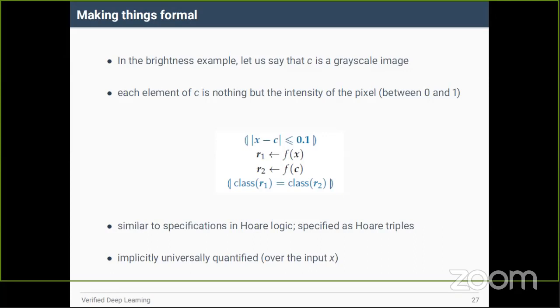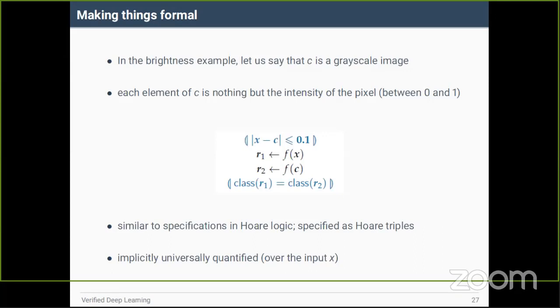So this is mathematically restricting the difference between the brightness. Now you give x to the network, it gives R1 as the result. You give c, which was your original image, to the network, you get R2 as the result.